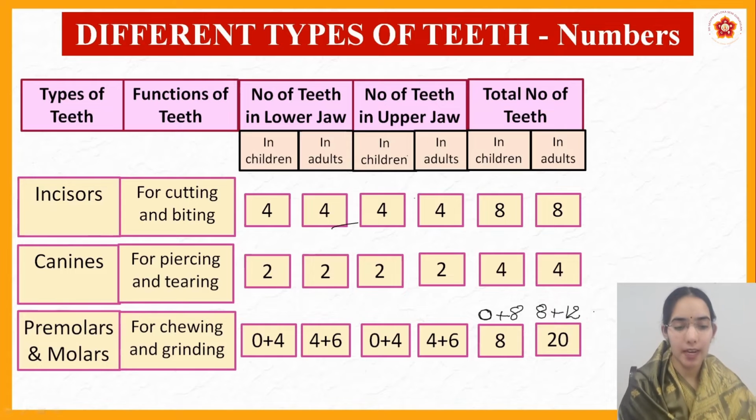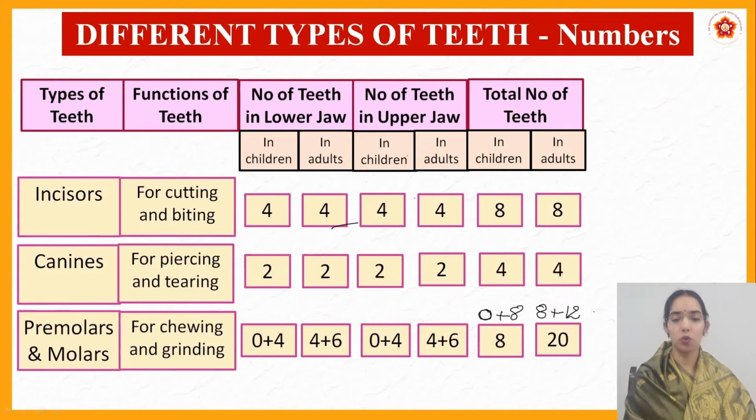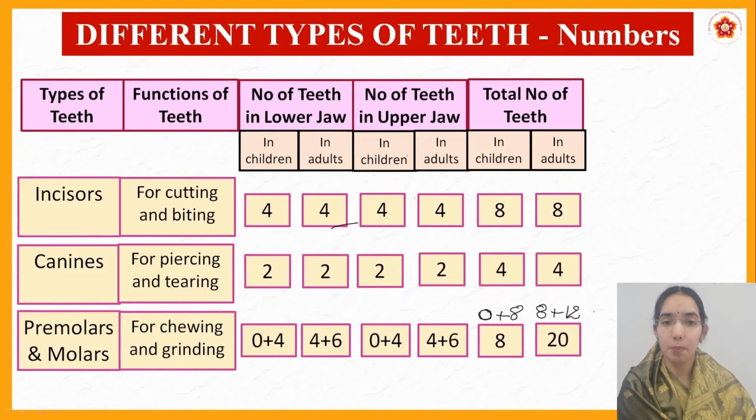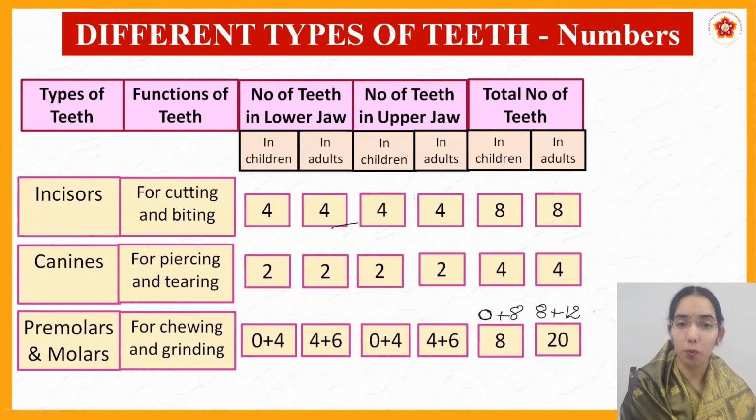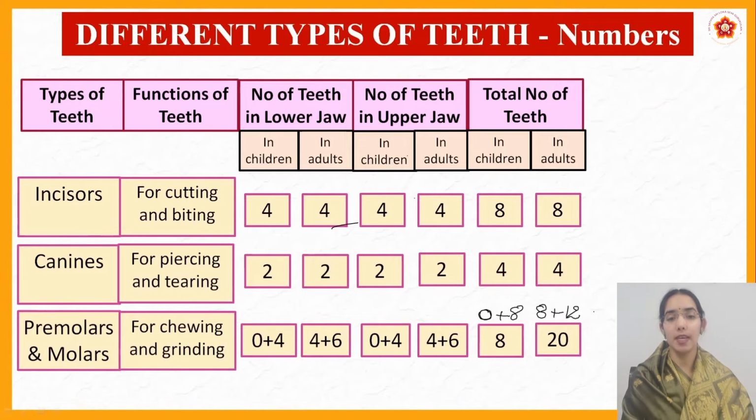So 0 plus 8 is equal to 8 only. So children have only 8 molars, while in adults there are 8 premolars and 12 molars, which is 20 in total.